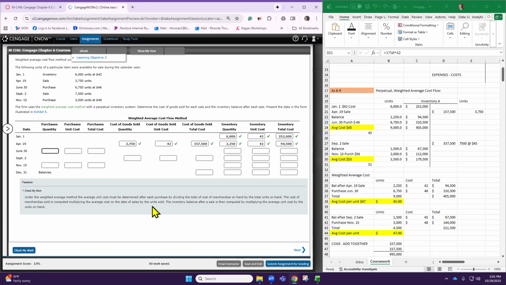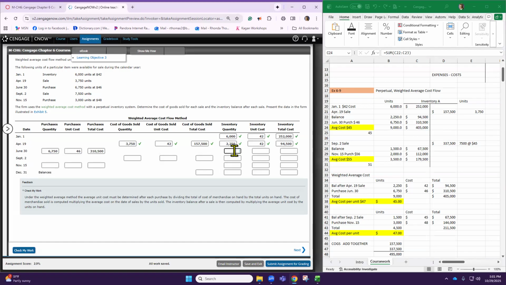June 30th, we're purchasing 6,750 units at a cost of 46. 46 is pretty close to 42. That comes to 310,500.